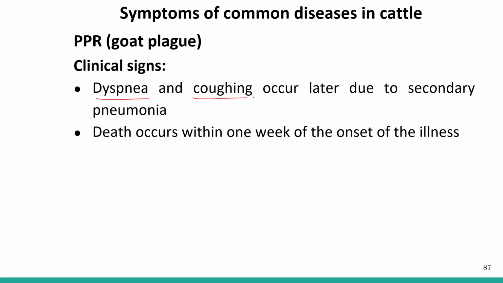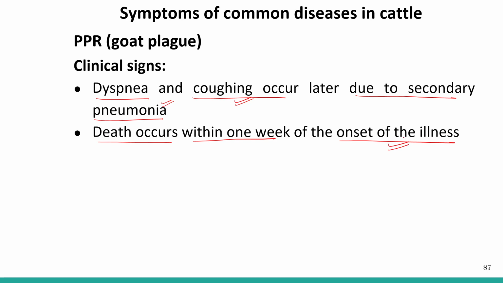Dyspnea and coughing occur later due to the secondary pneumonia. So the lungs are affected, they are not able to breathe properly, and coughing is also there. Death occurs within 1 week of the onset of the illness.